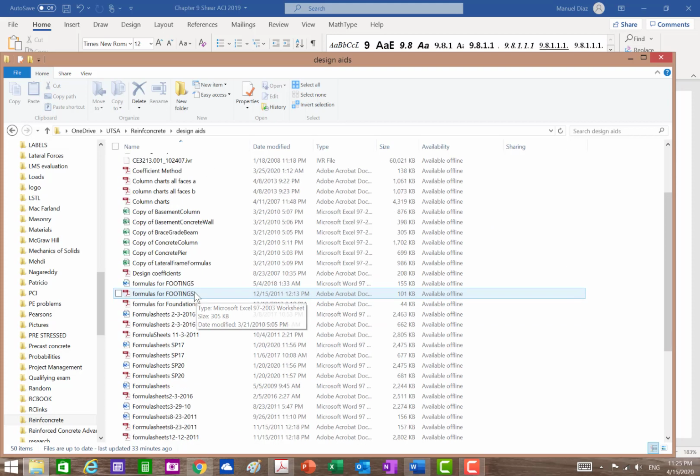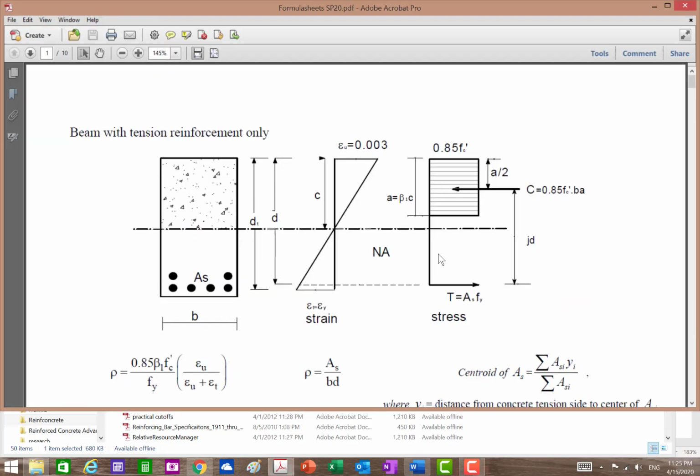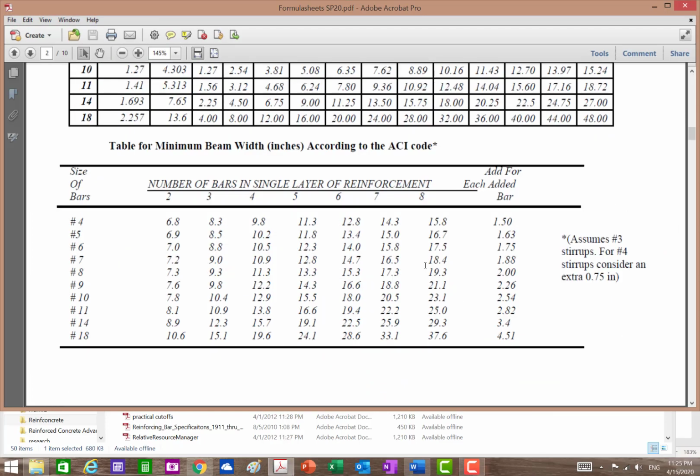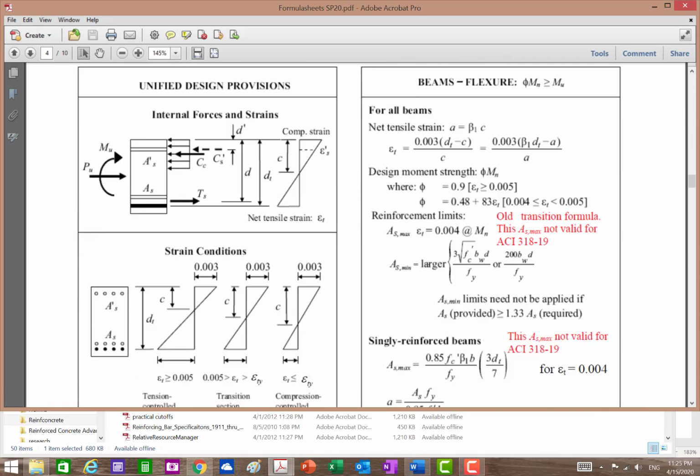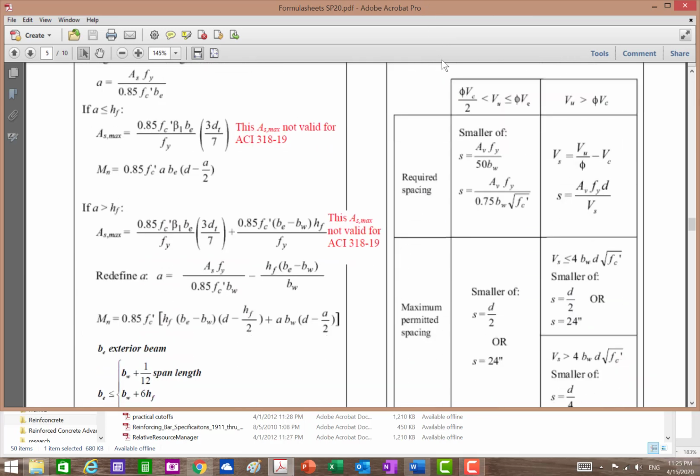So in the design aids, looking at your table, we have the two columns. This is one column, and this one right here is the other column. So we are here. And what happens is that because of the table, people go here and say, oh okay, so all I need to do is find my s values based on d over 2 and 24 inches.